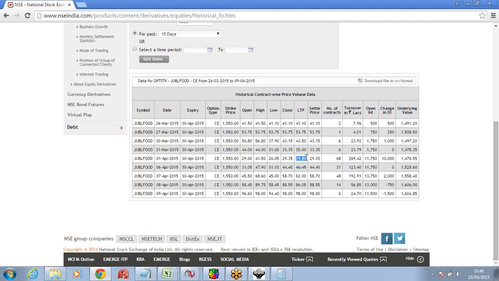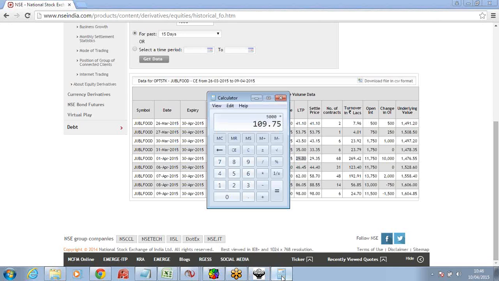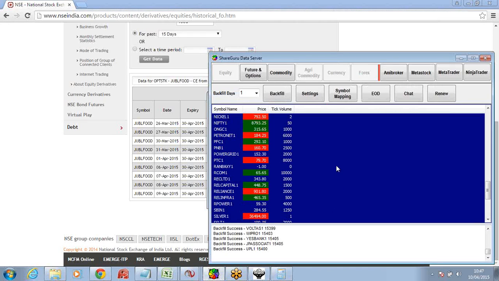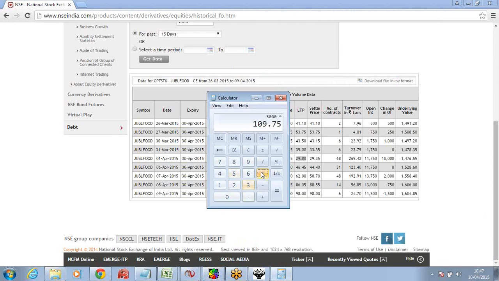That is 29 rupees 80 paise, the price at which you bought this call option with a strike of 1550. Let's say 30 rupees. That 30 rupees has changed into 109 now. So that's tripled. So you can calculate your profit: 109 into 250, that's your lot size.